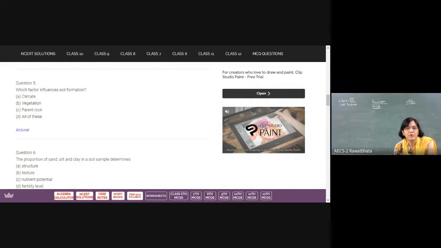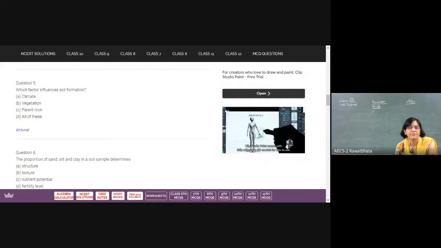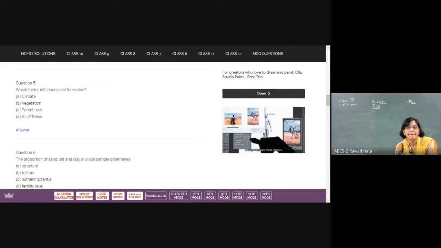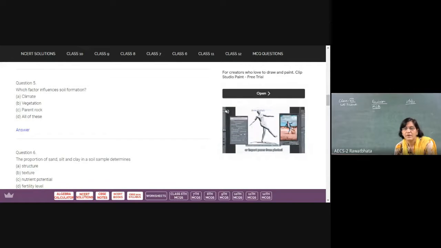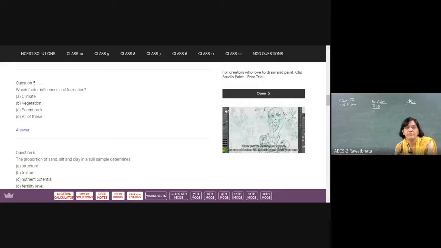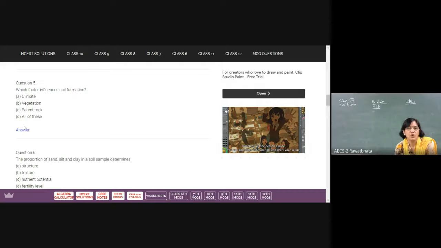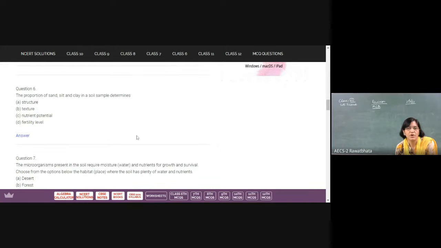Question number 5. Which factor influences soil formation? Soil formation. Which factor is responsible? Okay, Apurva. Ma'am, all of these. All of these, let's see. Of course, good.